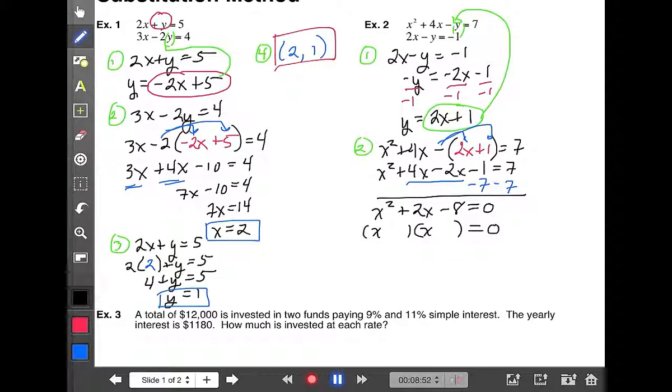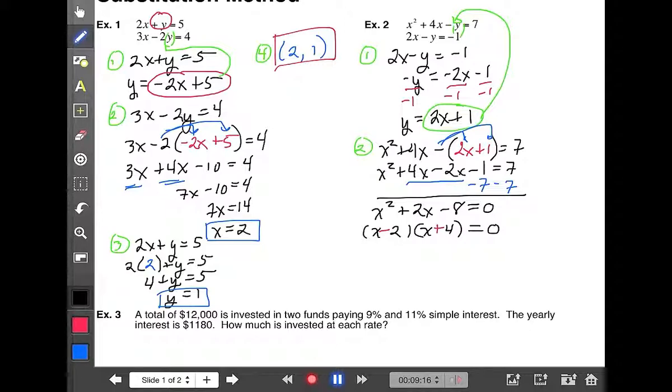Yeah, 1 and 8 subtract to give you 7, but 2 and 4 subtract to give you 2. So I know I want a 2 and a 4 here. Don't they multiply to give you 8? So whichever one of these two is bigger, it carries the sign of the middle term, because my middle term needs to be positive 2. So the 4 is bigger, it gets the positive. What does the 2 have to be for them to combine to be positive 2? It has to be negative.